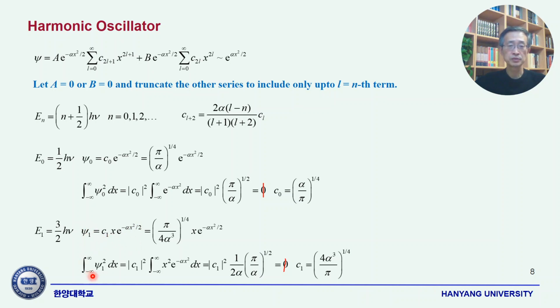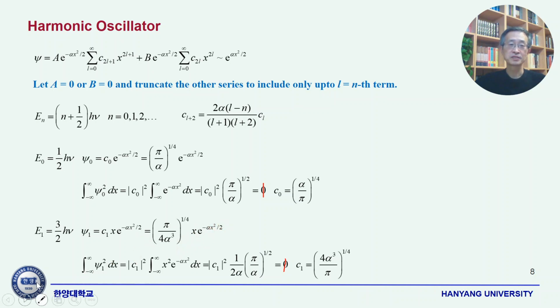The normalization is done here with C1 squared, and that integral can easily be done from memory, and you obtain C1 from this normalization condition. This is the normalization constant. So you obtain your psi 1 as the normalization constant times x e to the minus alpha x squared over 2.